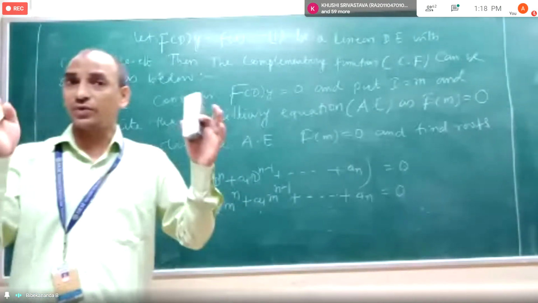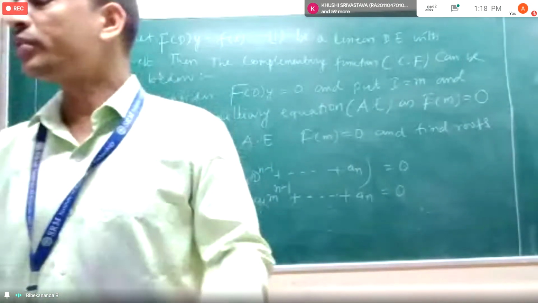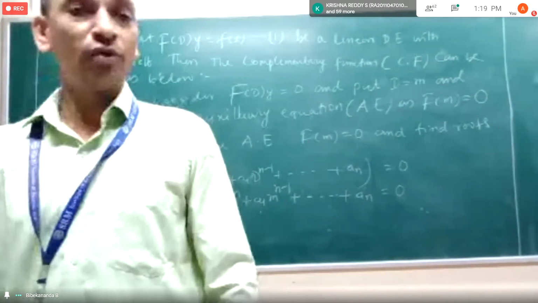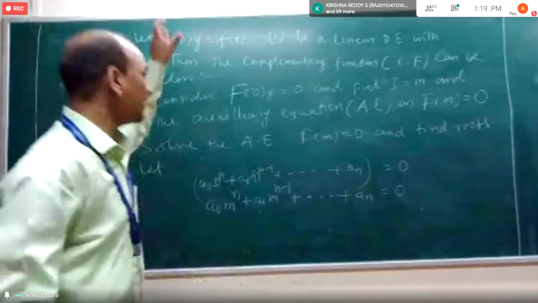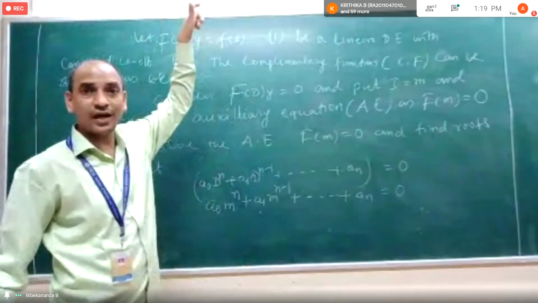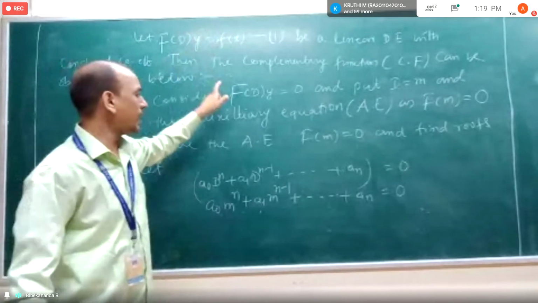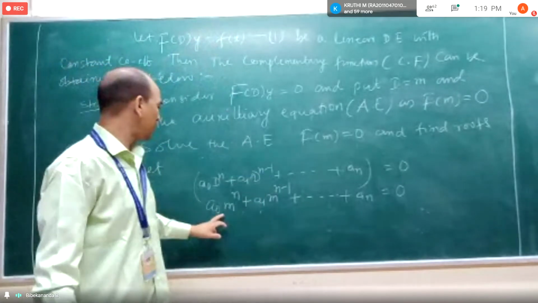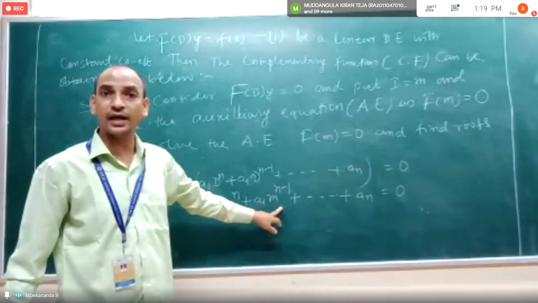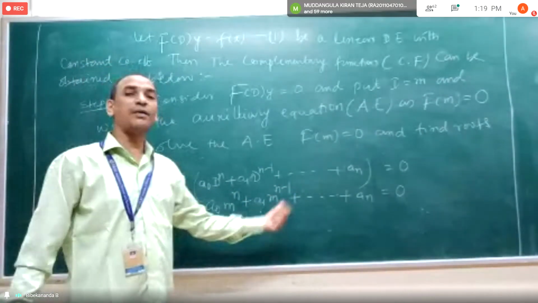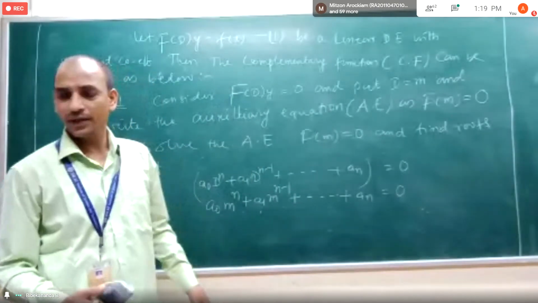So if it is an equation of degree n, how many roots will it have? n roots. I am taking a general linear differential equation and putting D equal to m, so it will be a polynomial equation of degree n. So it will have n roots.